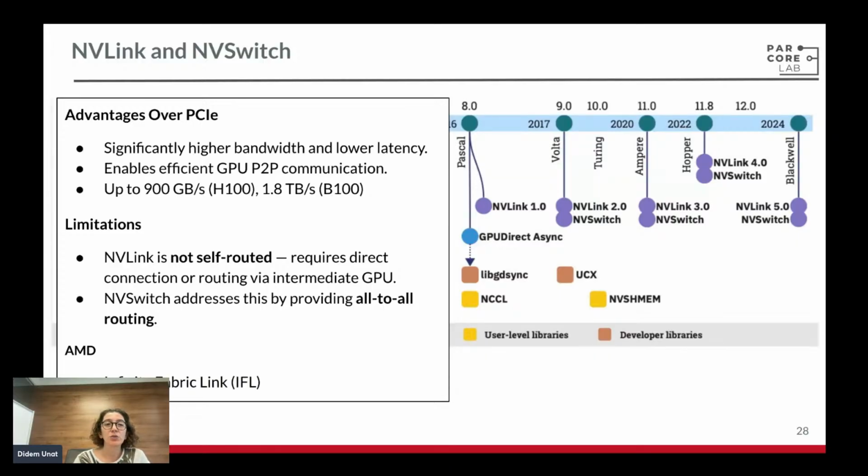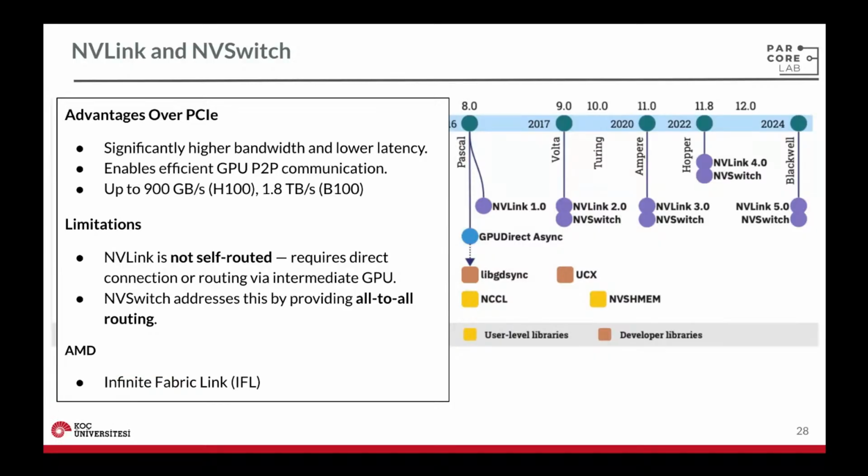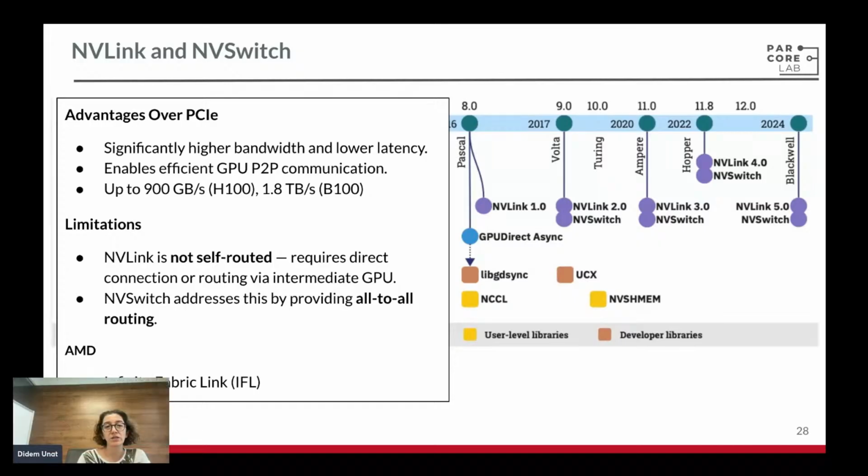NVLink provides much higher bandwidth and much lower latency, and enables efficient GPU peer-to-peer communication. Every generation, NVIDIA usually doubles the bandwidth, like 900 gigabytes per second in H100 and then 1.8 terabytes per second in B100 Blackwell GPUs.